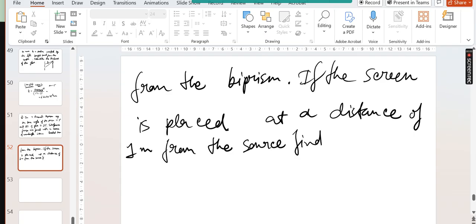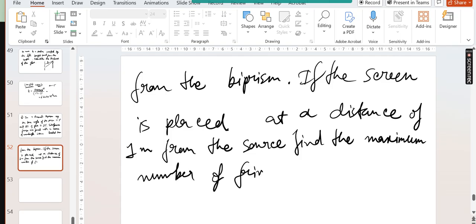Find the maximum number of fringes that can be observed.